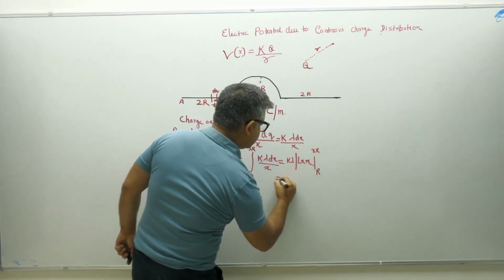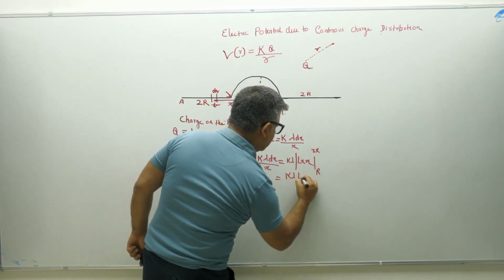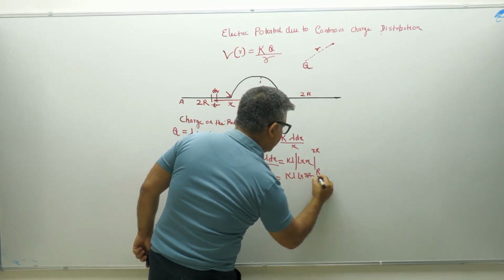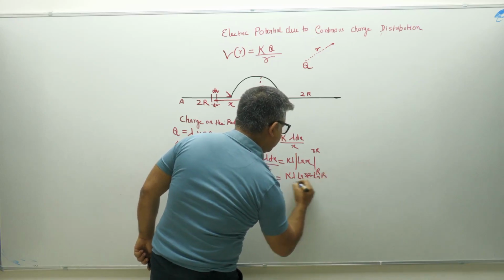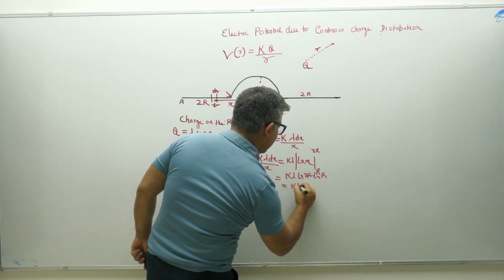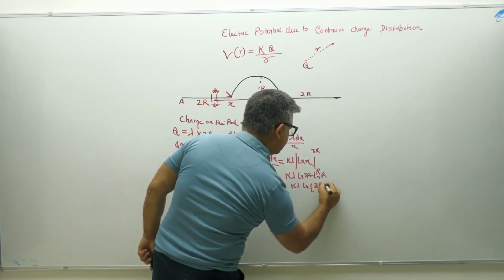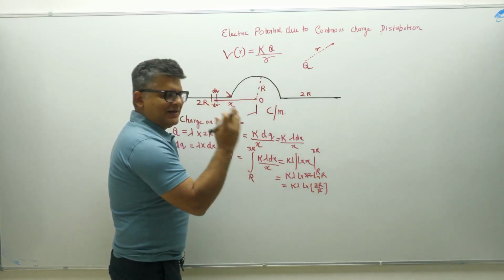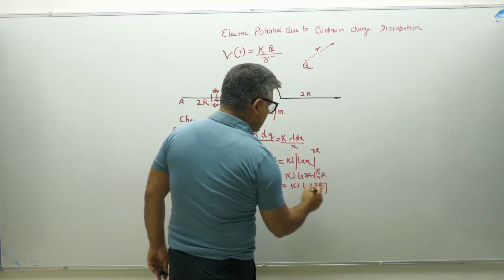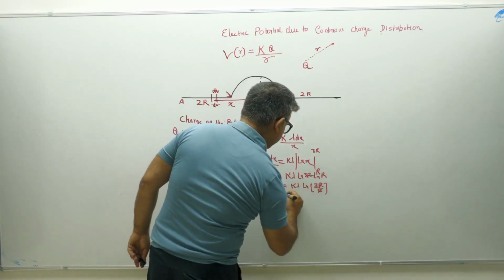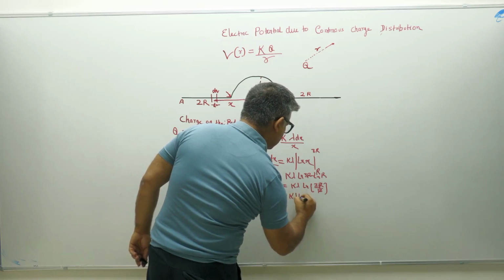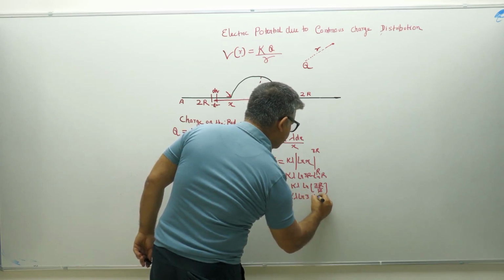If I do this, this is k lambda log of 3r minus log of r, which is equal to k lambda log of 3r by r. Using the properties of logarithms, I get log 3. So my answer is k lambda log 3 volts.